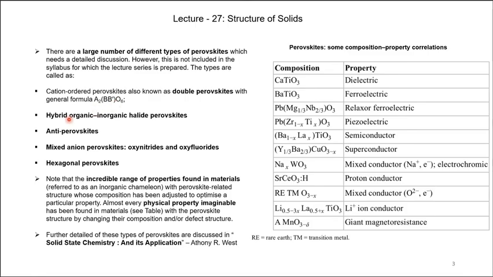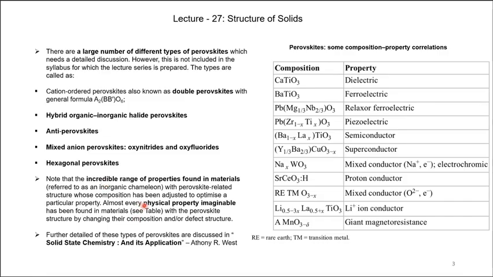And then we have another category of perovskite, hybrid organic and inorganic halide perovskites. Of course, other perovskites, and then mixed anion perovskites. We have oxynitrides and oxyfluorides, hexagonal perovskite. So we see how many different types of perovskite we can think of.